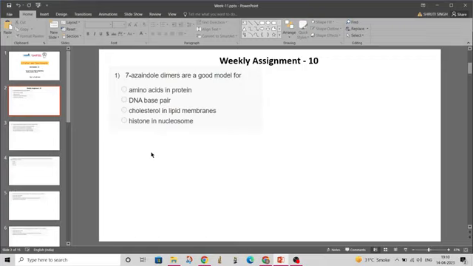The first question states 7-aza-indole dimers are a good model for amino acid protein, DNA base pair, cholesterol in lipid membranes, histone in nucleosomes. So let's first see what are 7-aza-indole dimers.